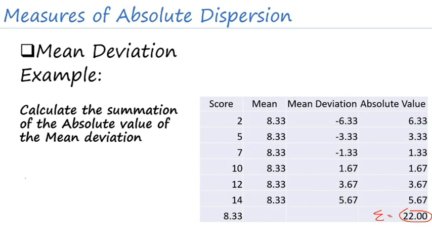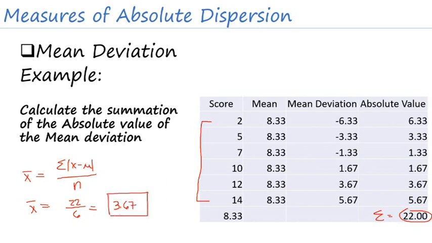So, yung pag-calculate po natin ng mean, kagaya lang din po ng pag-calculate natin ng mean dito, which is equal to the summation of our mean deviation, which is just equal to the absolute value of x minus mu over the total number of scores, which is equal to n. So x bar is just equal to summation of the absolute value of x minus mu, which is equal to 22, divided by yung number of scores natin is equal to 6. Then therefore, it will give us a value of 3.67.